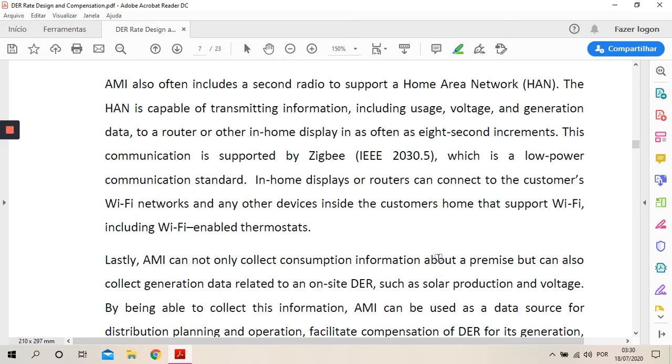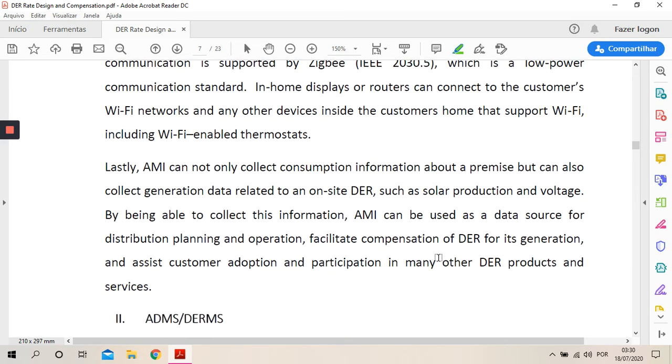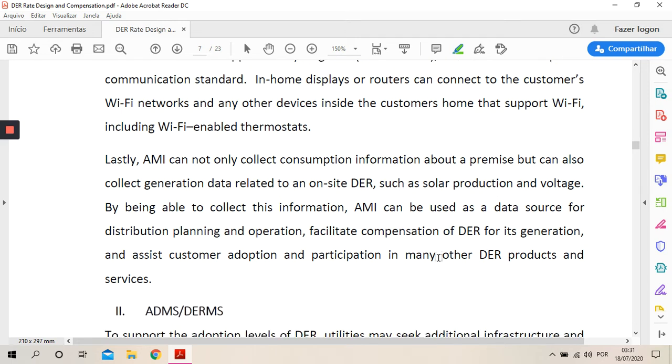This communication is supported by Zigbee IEEE 2030.5, which is a low-power communication standard. In-home displays or routers can connect to the customer's Wi-Fi network and any other devices inside the customer's home that support Wi-Fi, including Wi-Fi-enabled thermostats.